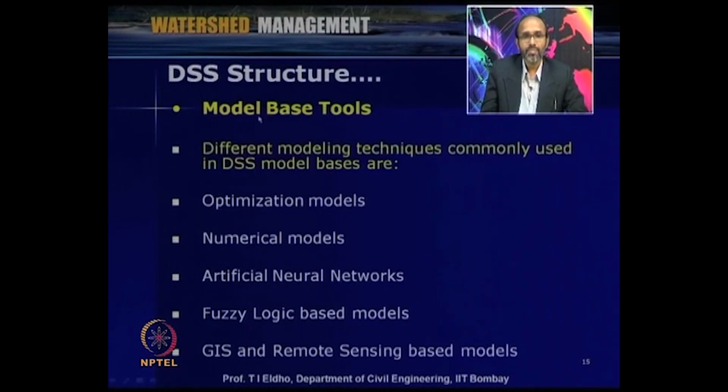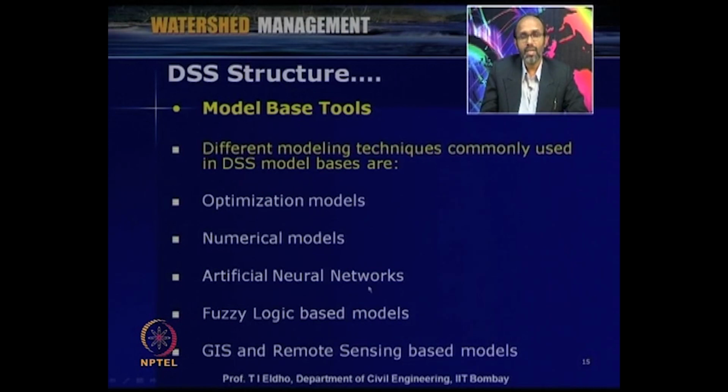So, as I already mentioned, different modeling techniques commonly used in decision support systems include optimization models like linear programming, dynamic programming. Then numerical models like finite element method, finite difference method, mainly for simulation purpose.